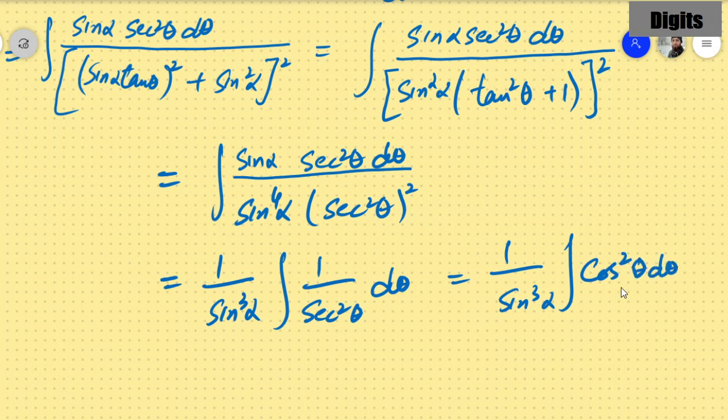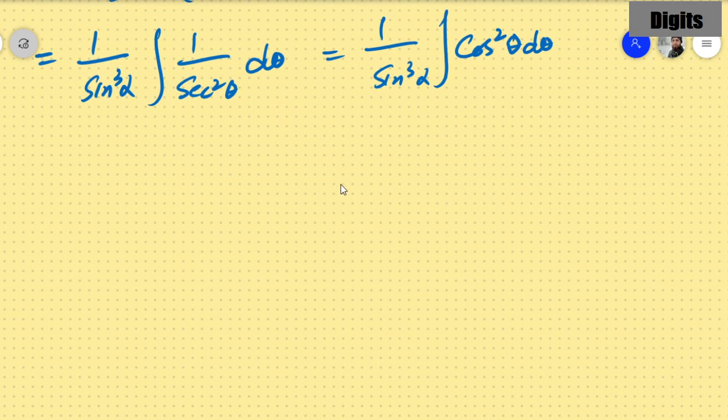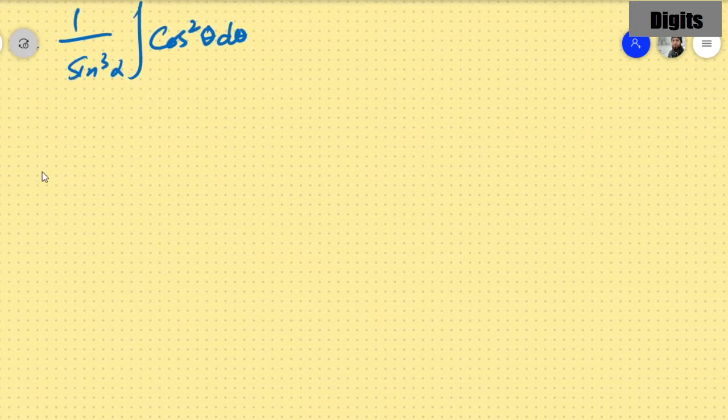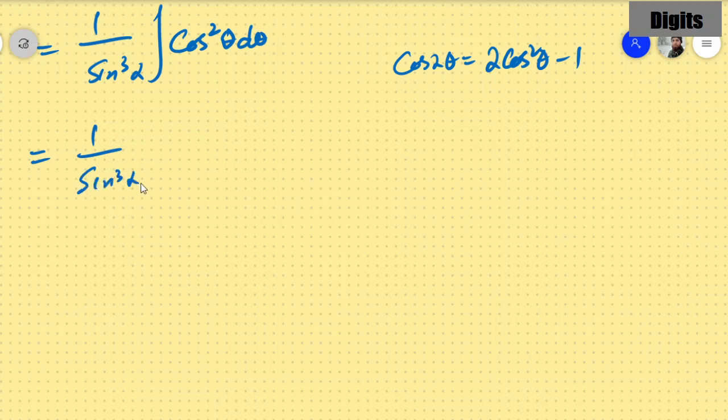After that, we take the help of the formula for cos square theta. Since we know cos 2 theta is twice cos square theta minus 1, we get 1 by sin cube alpha integral of cos square theta, which equals 1 plus cos 2 theta divided by 2, d theta.